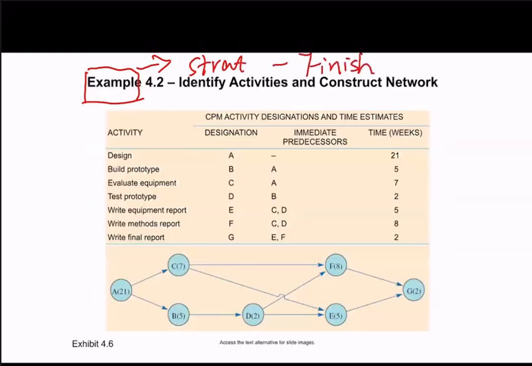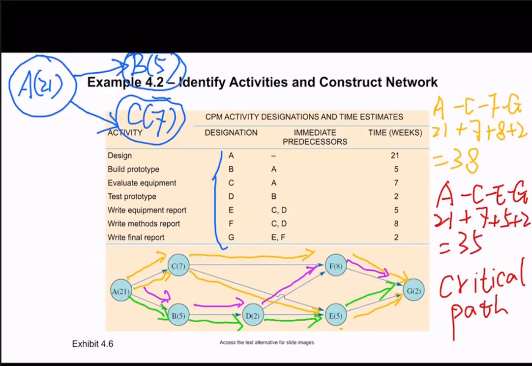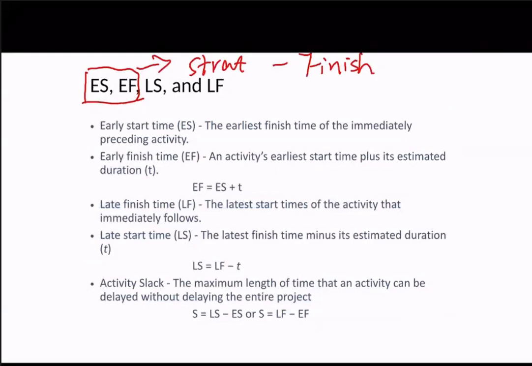So if we go back to the structure here, when we want to find the ES and EF, this is the direction: we start from activity A until activity G. But when we calculate the latest times, we go from the finish to the start.